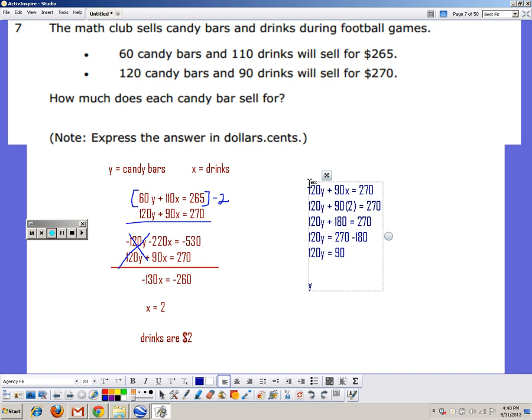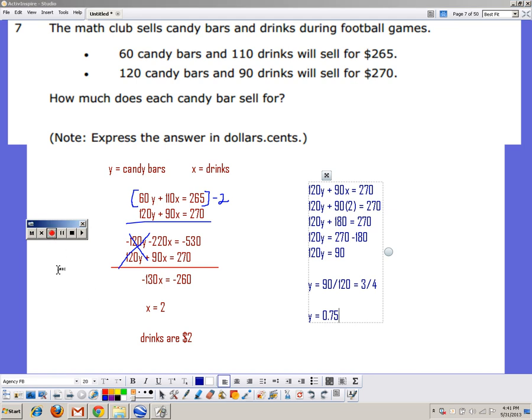To find y, all I have to do is divide. So I have 90 divided by 120, which equals 3/4. Now since we're talking money, y equals 0.75 or 75 cents.